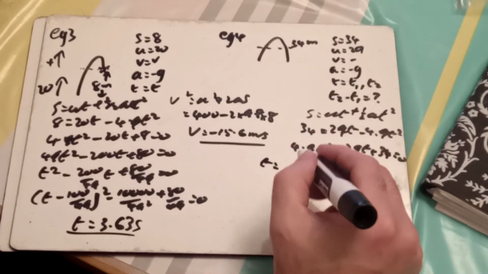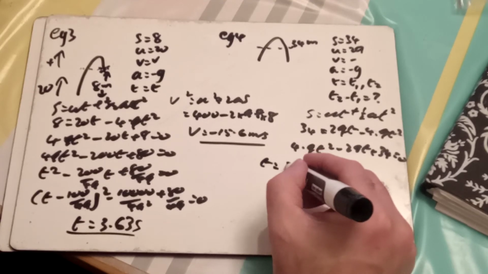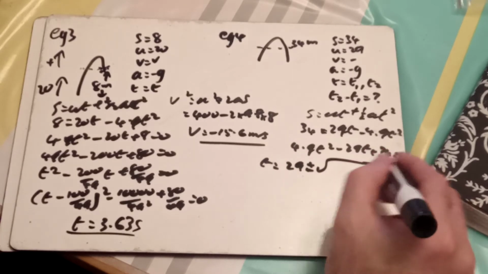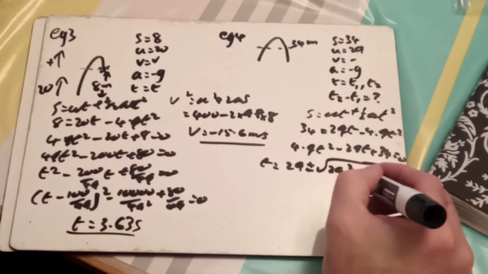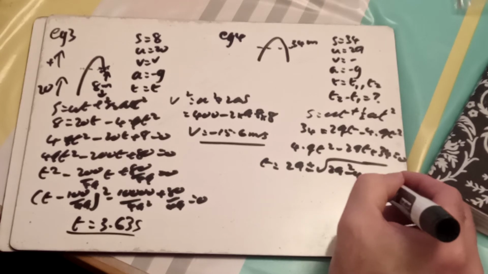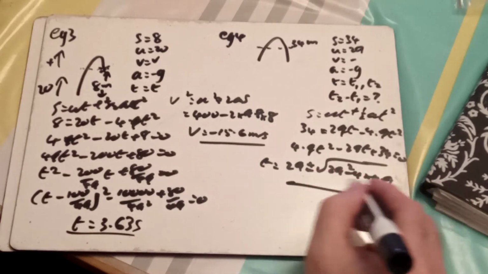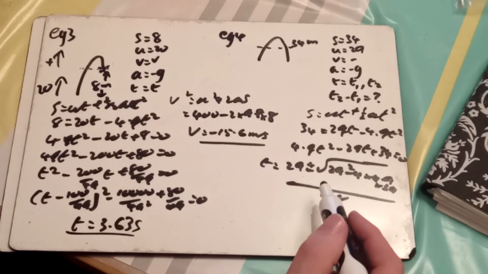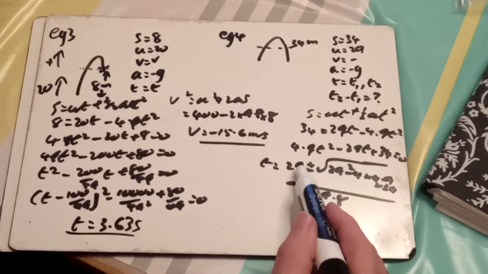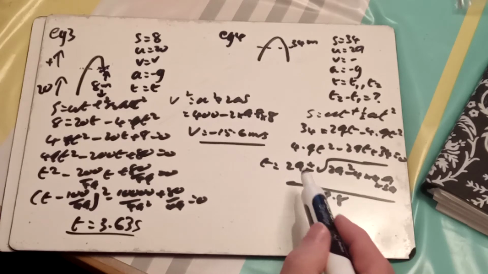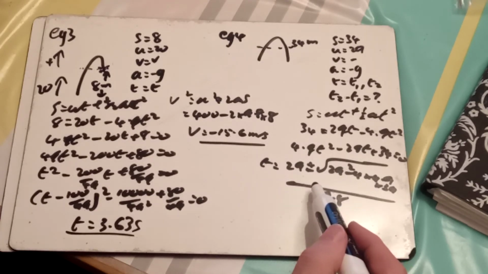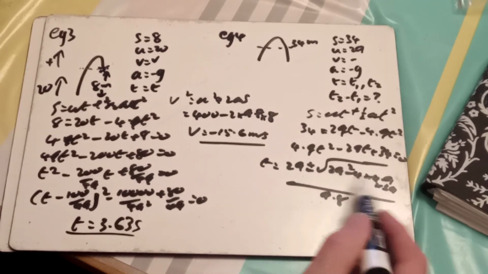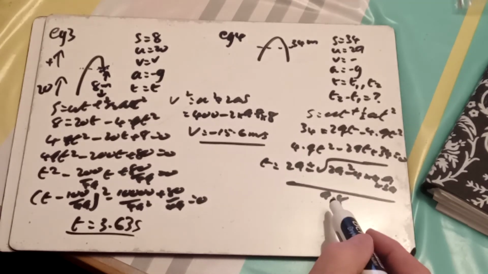T equals, I'm going to use the formula this time, 29 plus or minus root 29 squared minus 4 times 4.9 times 34 all over 9.8. Now, what's going to happen here is one time is going to be 29 plus the root over 9.8, and the other time is 29 minus the root over 9.8. When I do T1 minus T2, I'm going to get whatever that root is doubled and divided by 9.8.